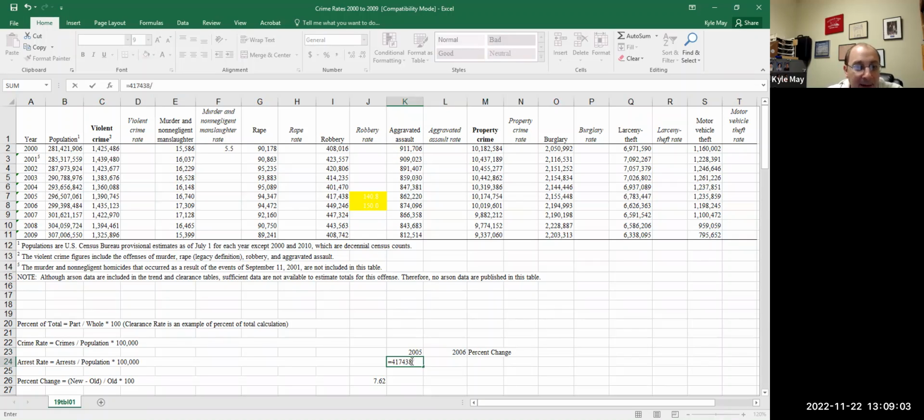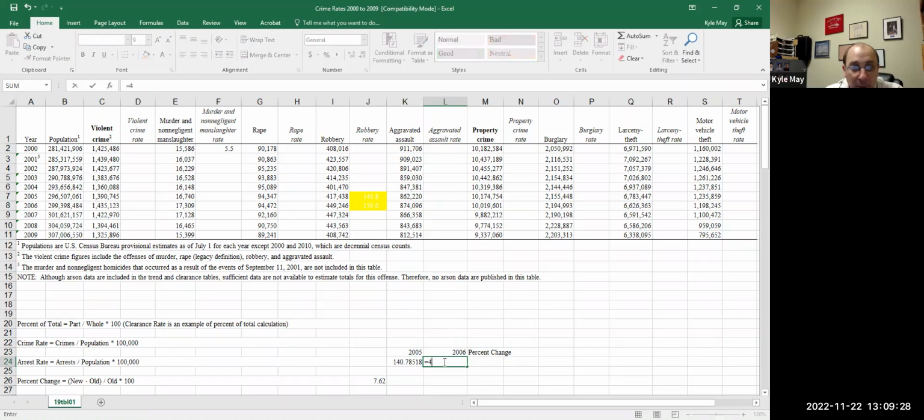I need to divide that by the population for 2005, which was 296,507,061. And then I'm going to multiply that by 100,000. And I get a rate of 140.8 robberies per 100,000 people.